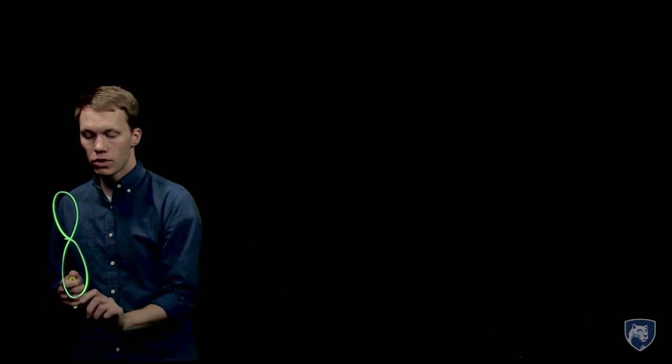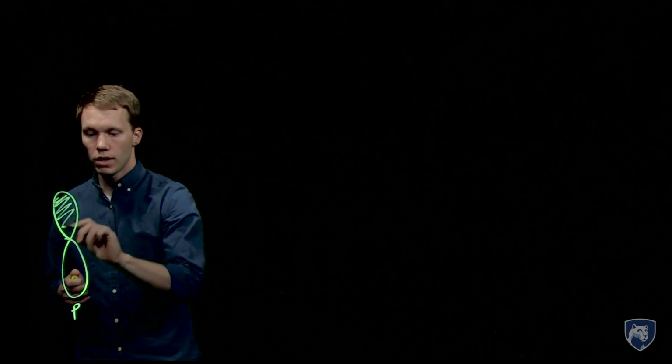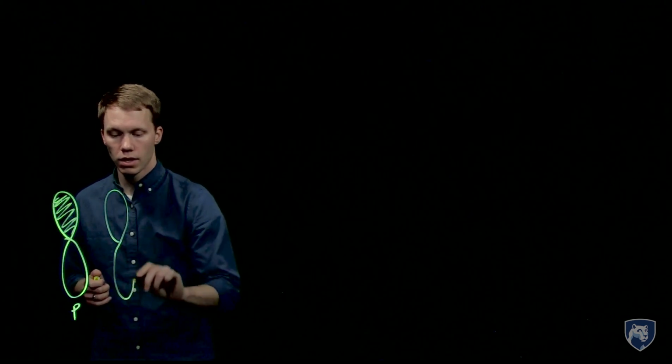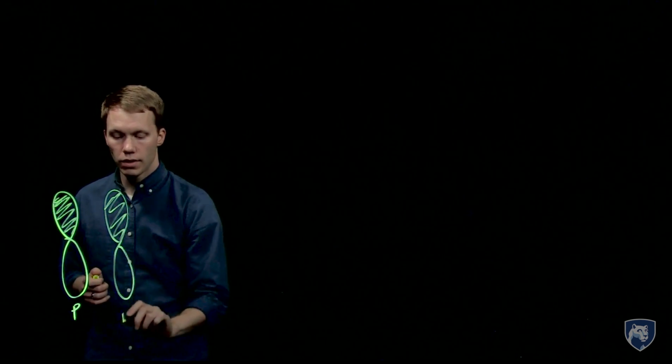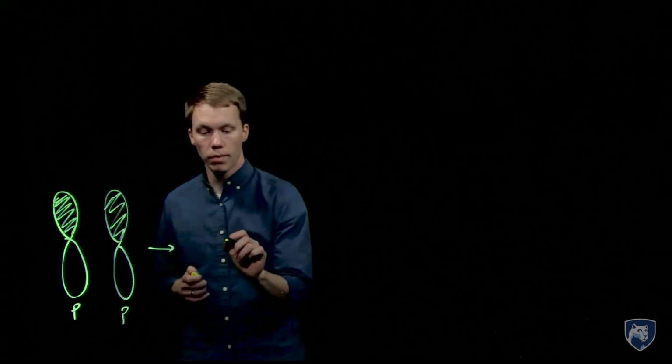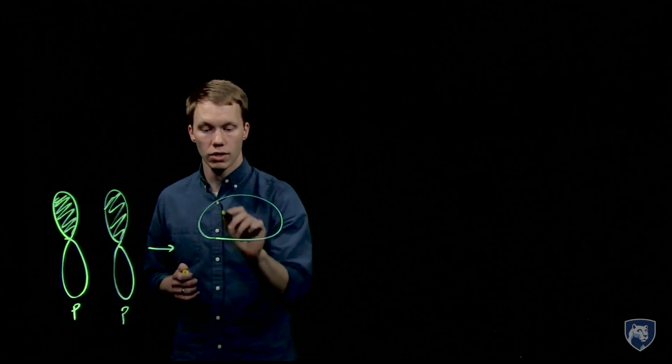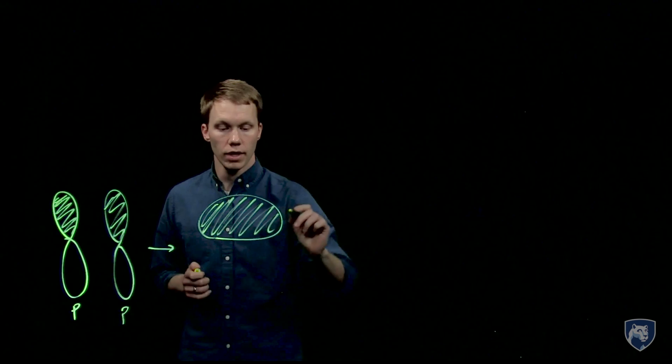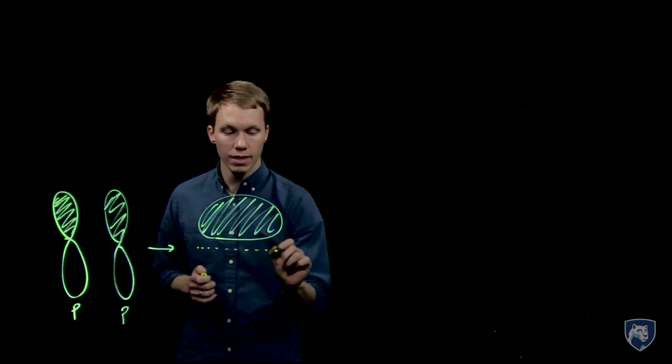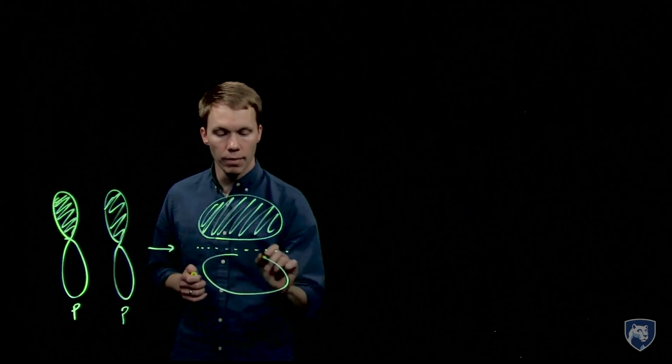So we have these two p orbitals coming together, and we can draw the bond as such. This is the overlap of the top region. Here's my bonding axis, and then here's the overlap of the bottom region.